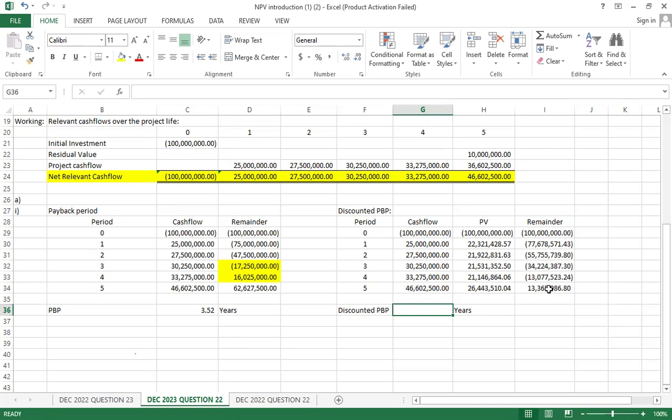Of course, the full recovery happens between year 4 and 5. So this has to be 4 point something. So it's 4 point how many? So what is that payback period? 4 point somebody?